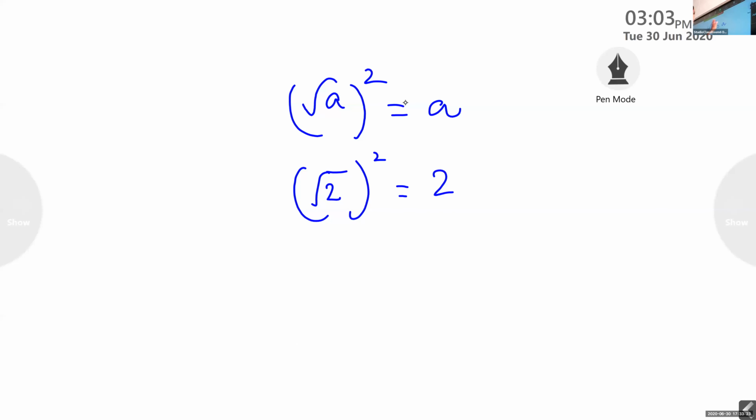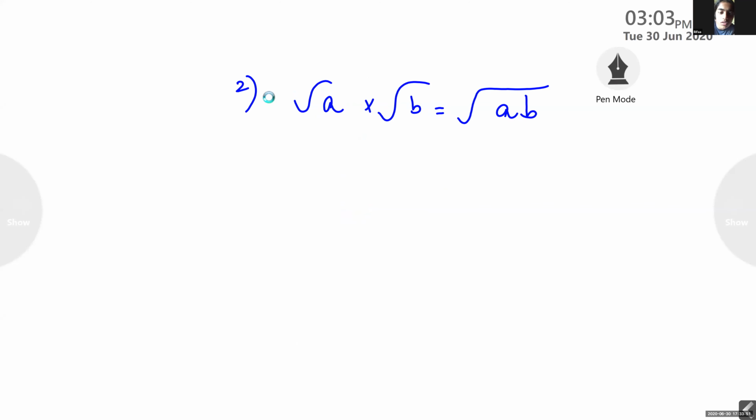And the second rule is root a into root b equal to root of ab. Are you familiar with this? Yes, ma'am.